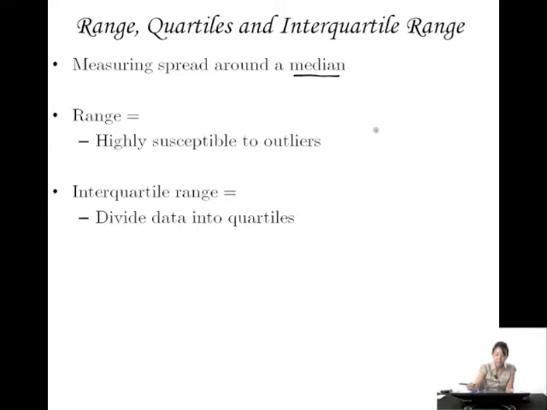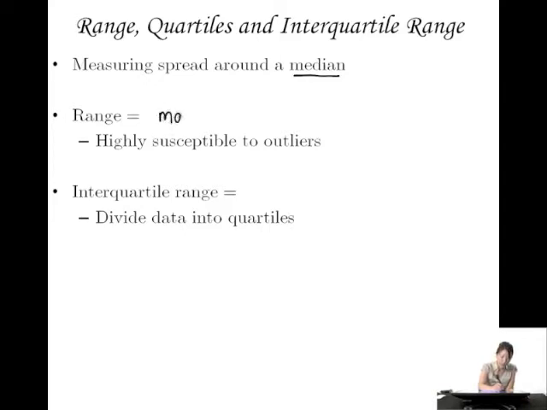All right, so that's the idea, and that's why they're going to be using median as their measure of central tendency. So when we think about range, you actually don't need a central tendency at all. What you need is the minimum value and the maximum value and the distance in between.